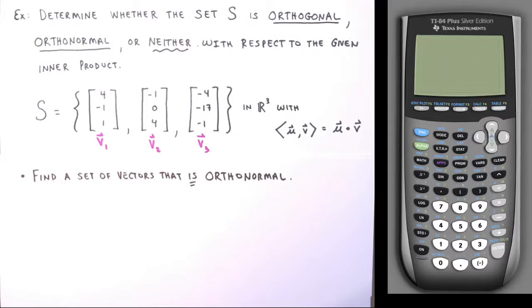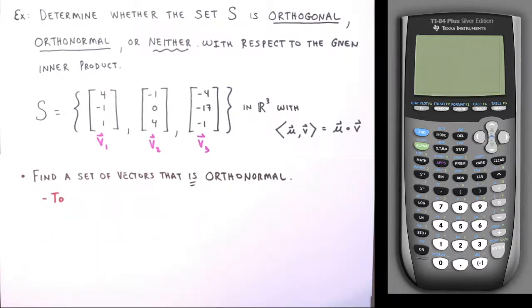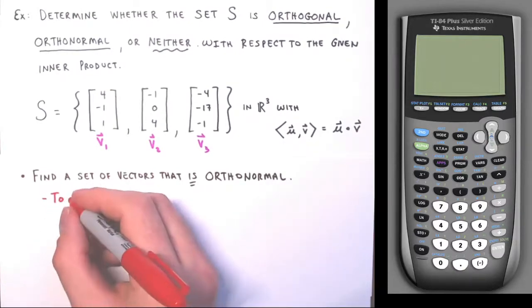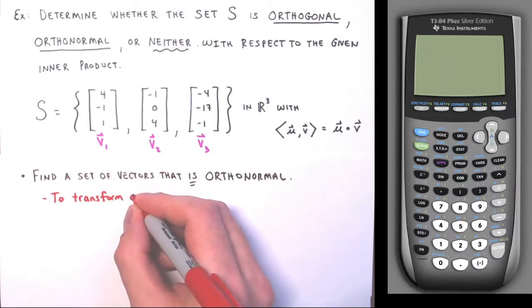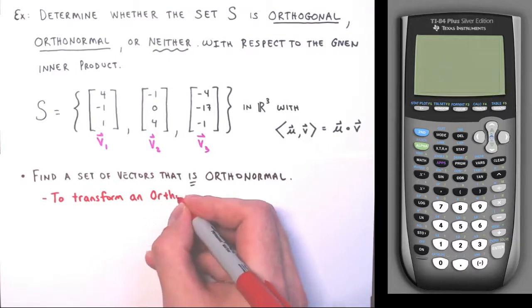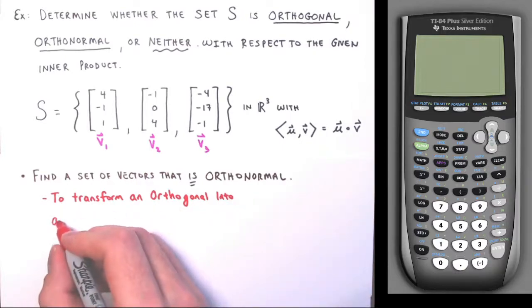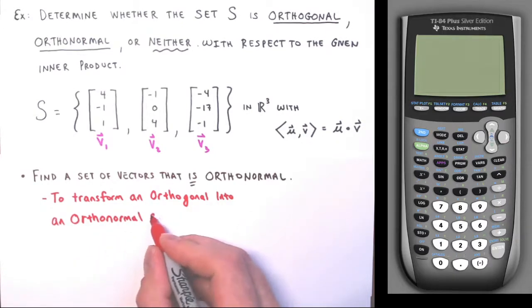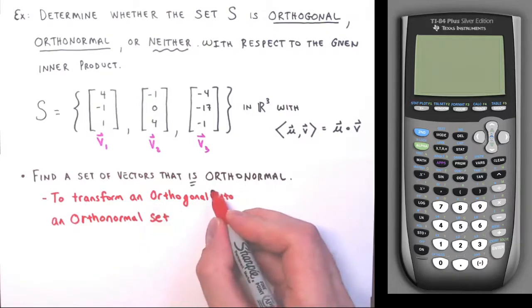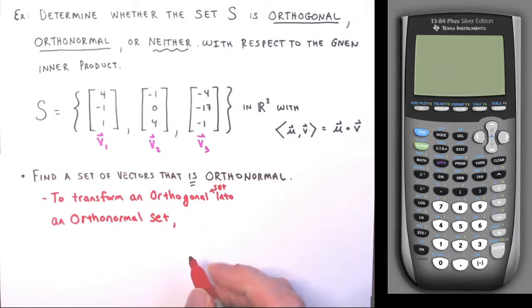I'll make a little note here describing what we're doing, and I've said it out loud already. To transform an orthogonal set into an orthonormal set, normalize each vector.